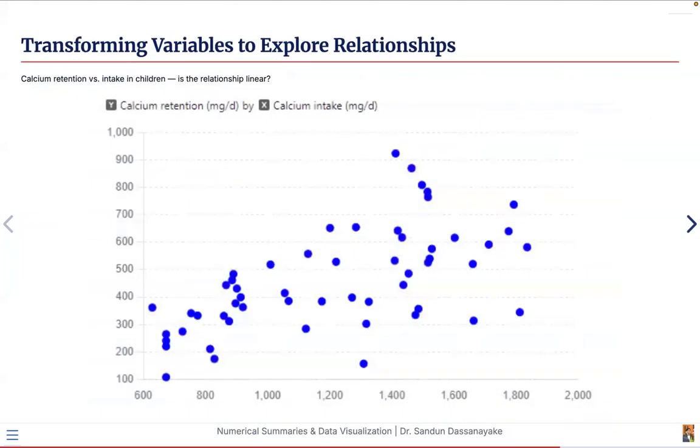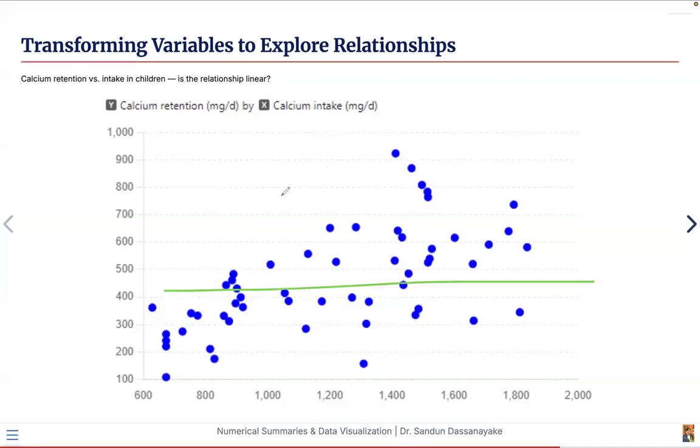Now let's look at this. When we plot it in a scatter plot like this, these are numerical, quantitative data. The y-axis is calcium retention, and the x-axis is calcium intake. When you plot them, there seems to be a somewhat linear relationship, a very faint one.